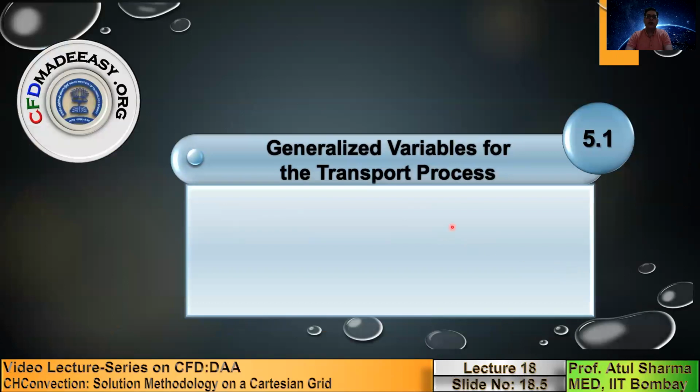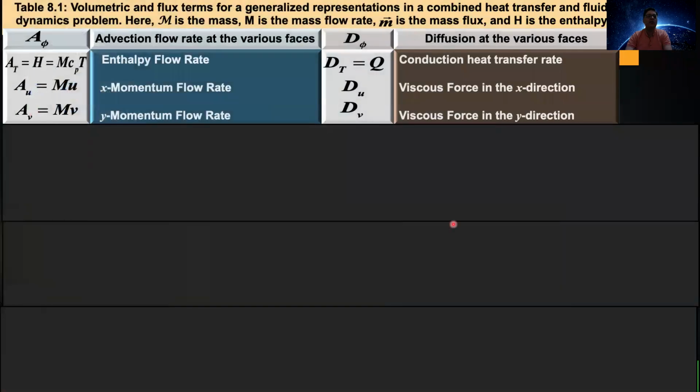So we'll get started with generalizing the variables that have been used in computational heat conduction and computational heat convection. This corresponds to table 8.1 of the companion book, where the enthalpy flow rate, which was presented in the previous topic 4, is generalized as an advection flow rate at the various faces of the control volume.